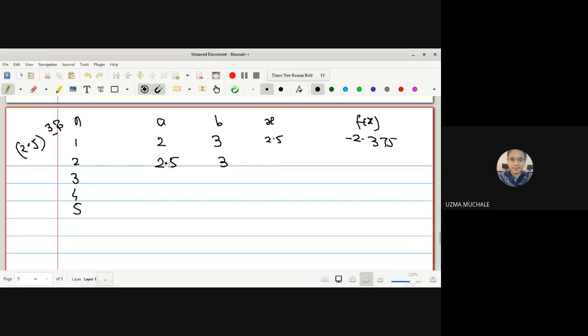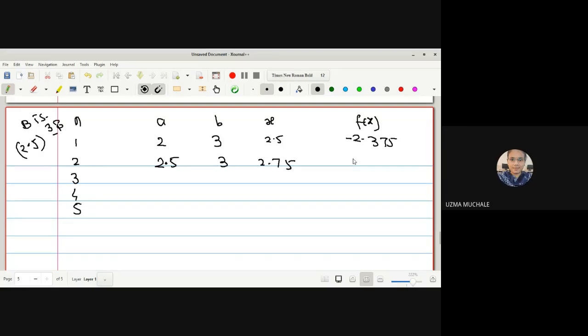Now let us take 3 plus 2.5 divided by 2. We are solving all this with the bisection method. That is 2.75.